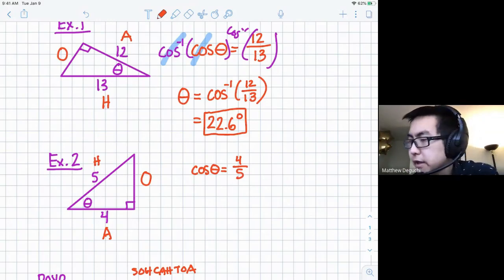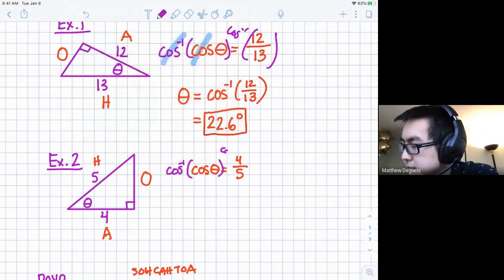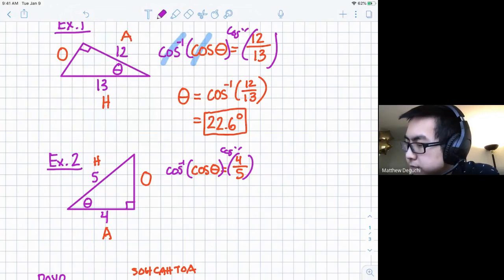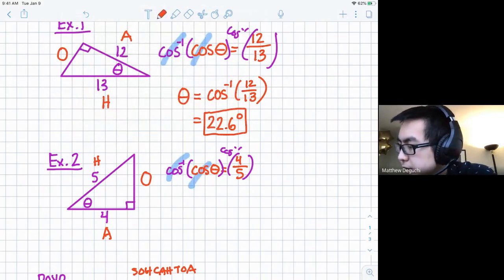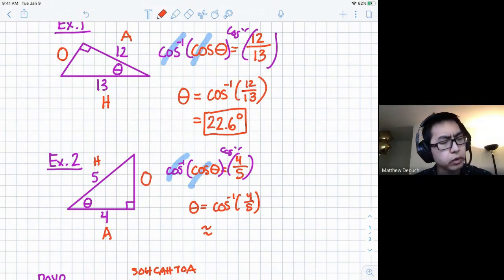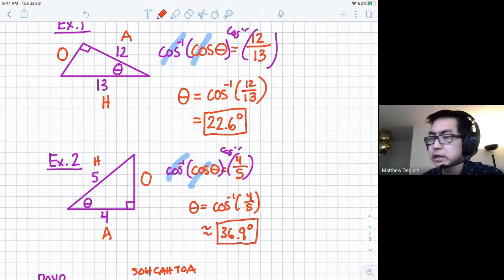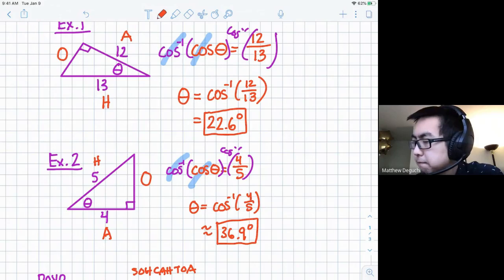And then to solve for theta, you gotta do cosine inverse to both sides. These cancel. So we get theta is equal to cosine inverse of 4/5, which is roughly 36.9 degrees.